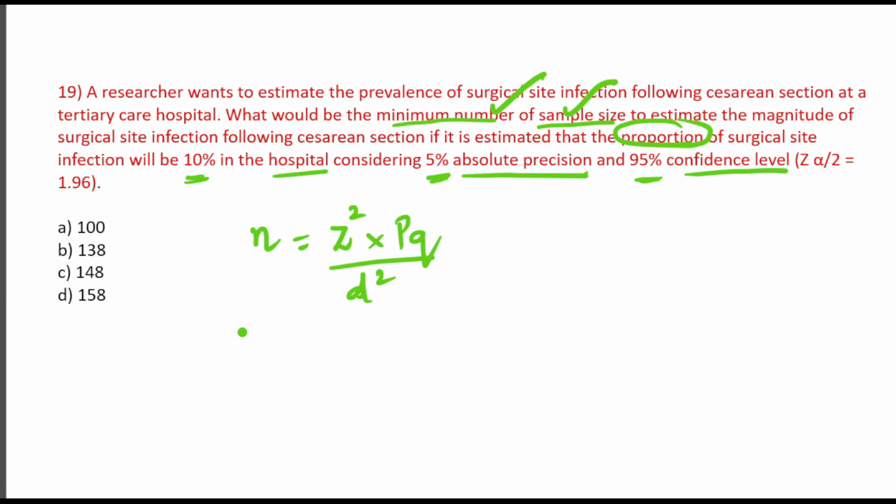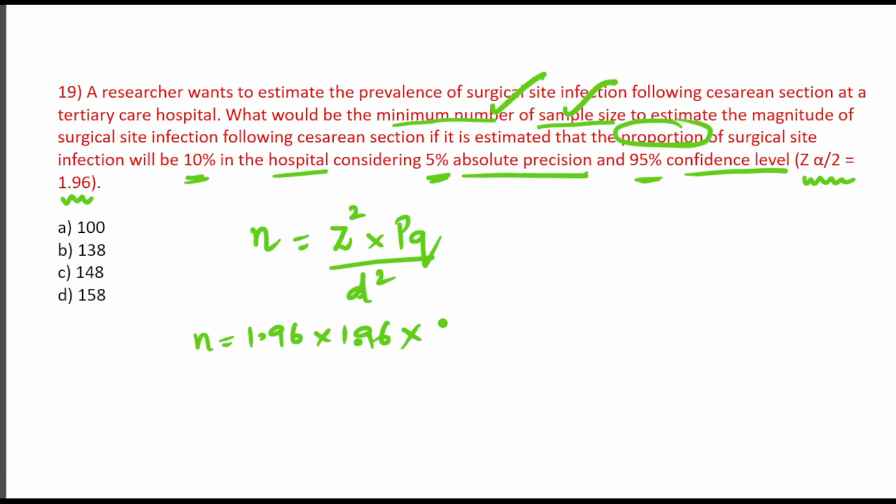Now what is z? Z is nothing but the 95% confidence level, and the value is 1.96. So n is equal to 1.96 into 1.96. So the value of z is 1.96.